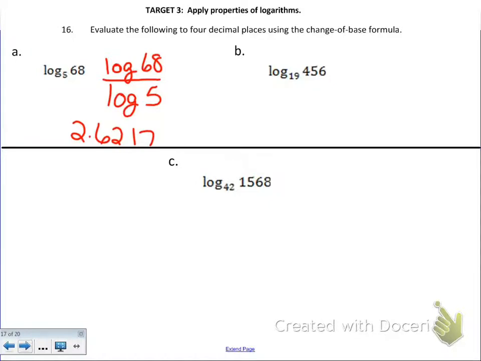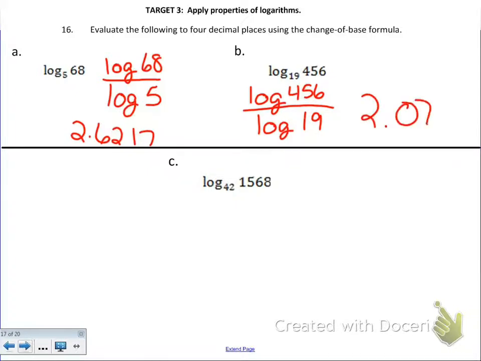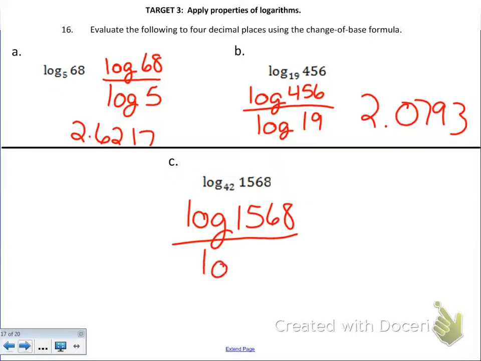Next one would be log of 456 divided by log of 19. So log of 456 divided by log of 19. And we get out 2.0793. And then our last one, log of 1568 divided by the log of the base 42.